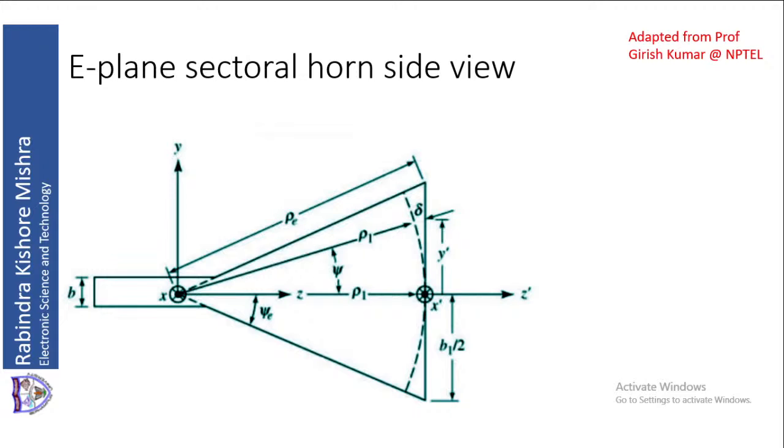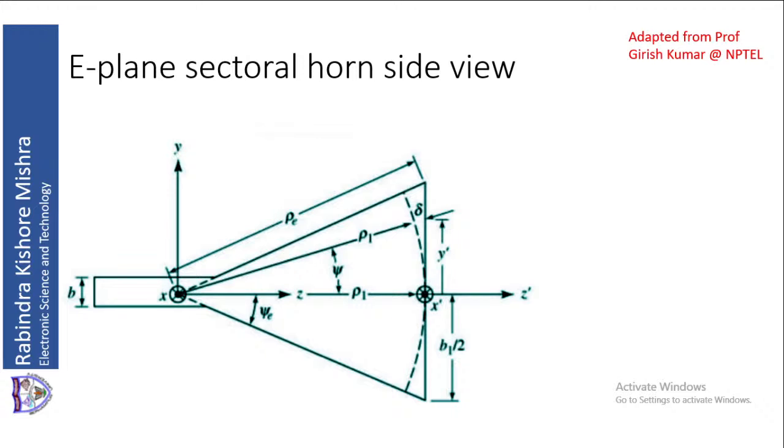Now if I consider this dashed line to be the phase front or the wave front, then on this dashed line the phase of the electric field is constant. Why is it constant?